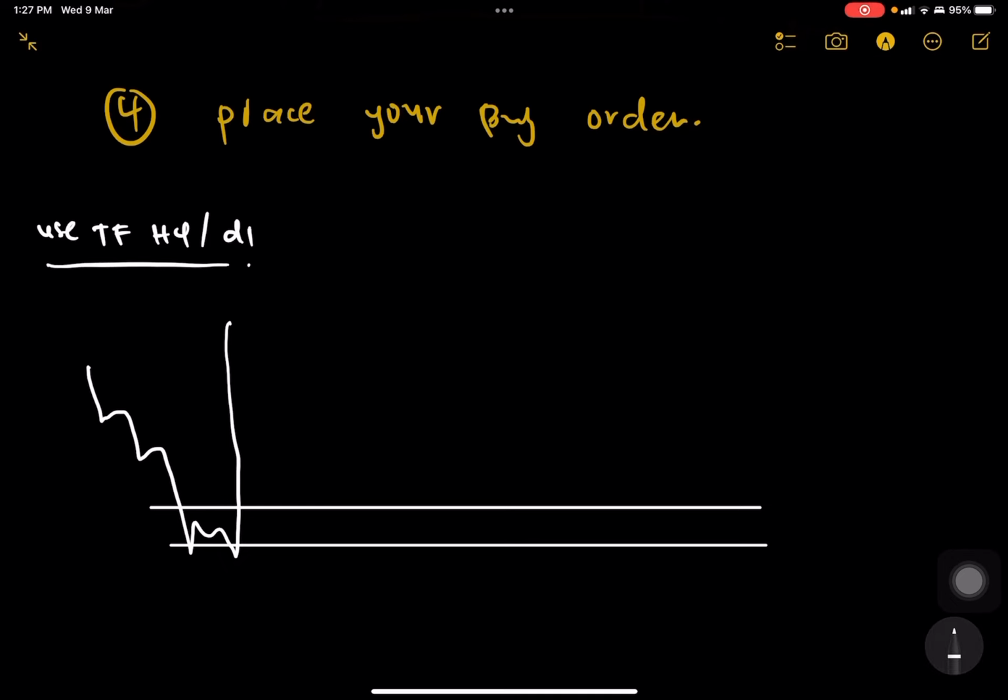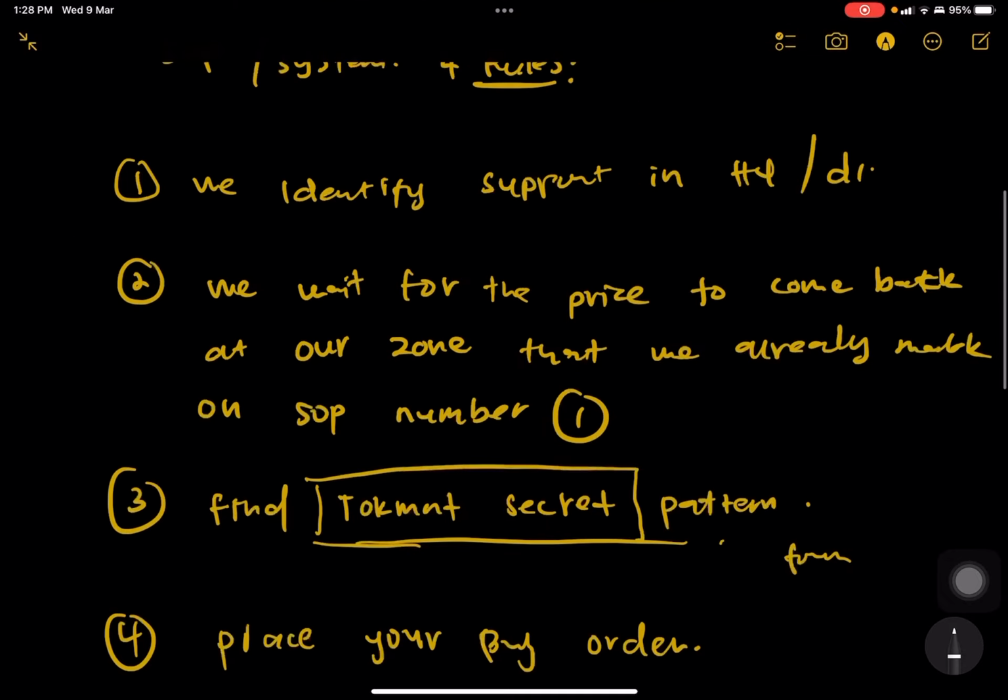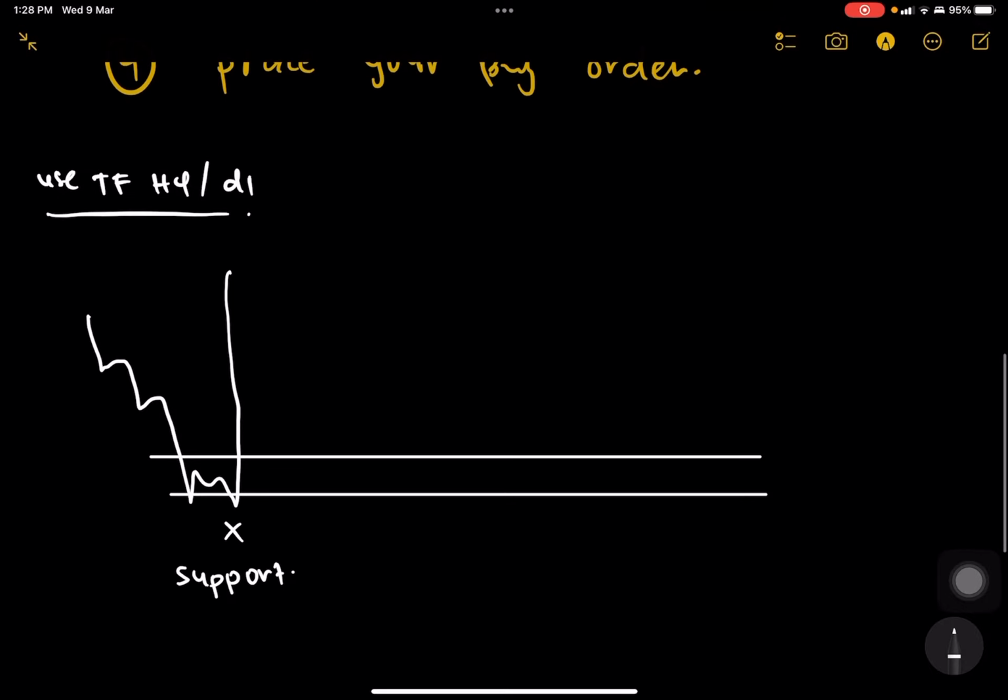Okay, SOP number 1 is complete. We go to SOP number 2: wait for the price to come back. So you already mark the buy zone here. You must wait for the price to come back to the buying zone.